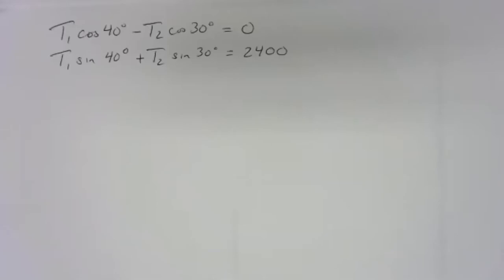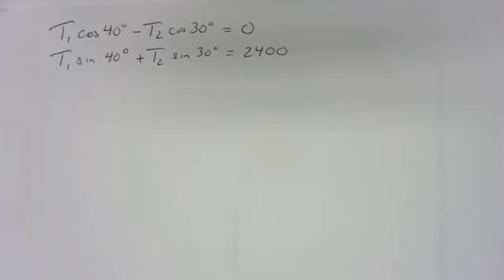All right, let's resume. I've transcribed our equations of equilibrium over to another page to give us a little more space to work in. Think back to what we did with simultaneous equations a couple weeks ago. We had two equations. We wanted to combine them in some way so that we could eliminate one of the unknowns.